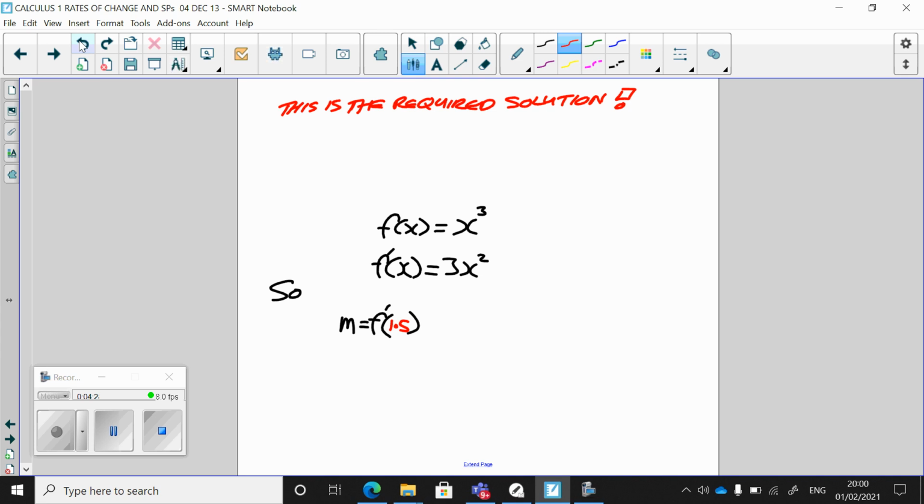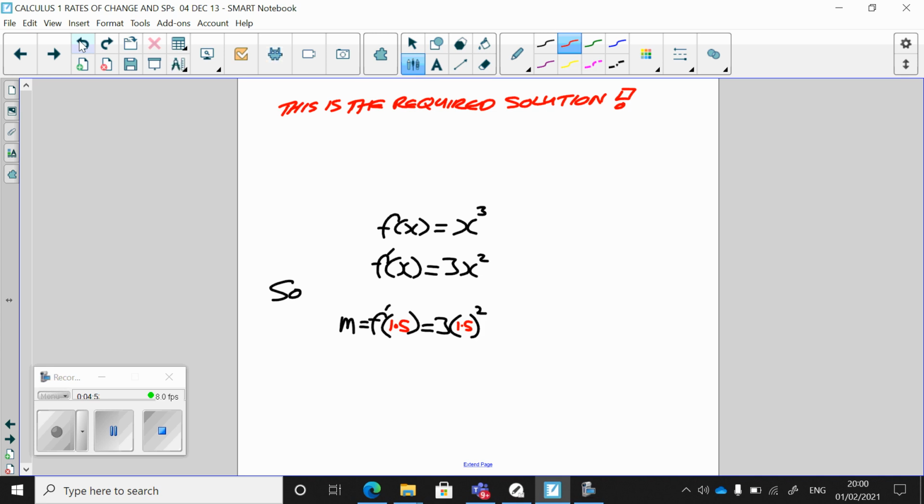I'm just reminding you that m is actually the gradient, and so I'm using the f dash notation here. In place of x, I've put 1.5 because that was the specified value. Wherever we get x within 3x squared, replace it by 1.5. That's exactly what we've done there.